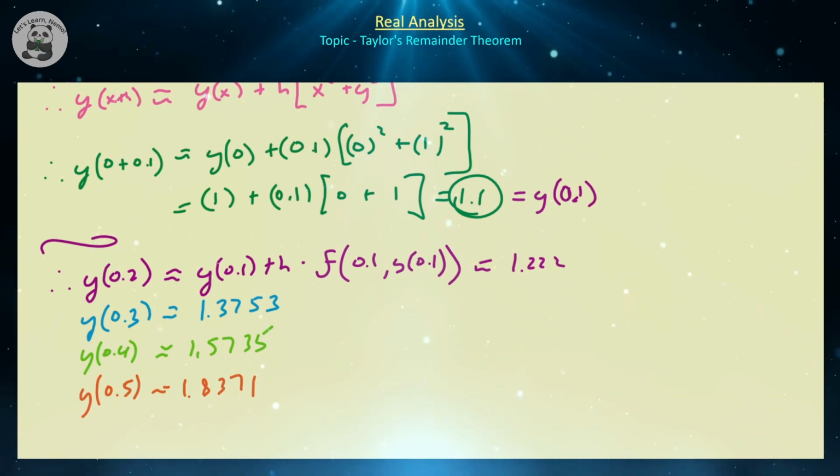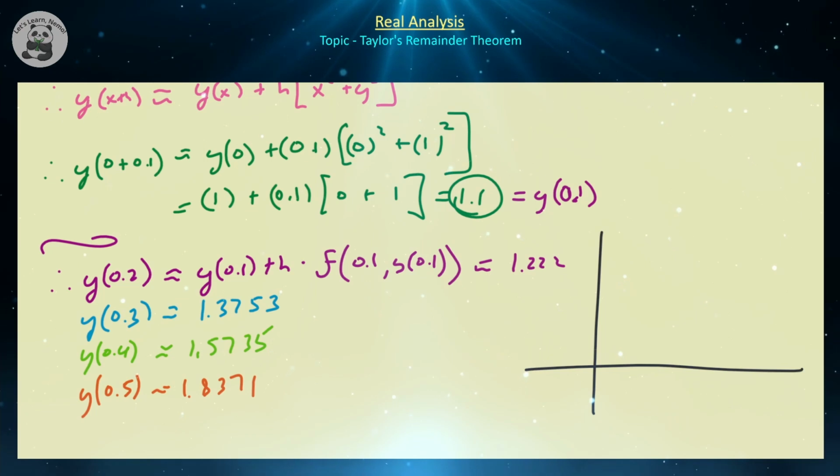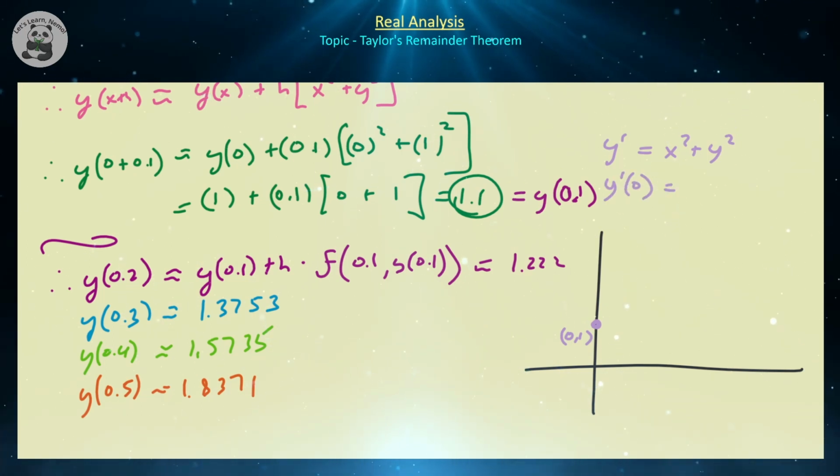Okay, so what exactly does this even mean? If we look at the graph of this particular differential equation, or the slope for this differential equation, we know that y of 0 will be equal to 1. So that's the point (0, 1). Because y prime is equal to x squared plus y squared, if we evaluate the slope at 0, which is going to be equal to 0 squared plus 1 squared, that's going to give us a slope of 1.